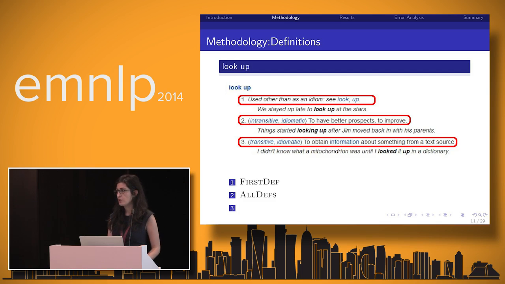Or we can use all of the definitions and do some voting between them. Or we can use the idiomatic tag that is given by the users of Wiktionary. If the user thinks that it's idiomatic, they will put an idiomatic tag in front of the definition. In this case, we only consider those definitions with the idiomatic tag.